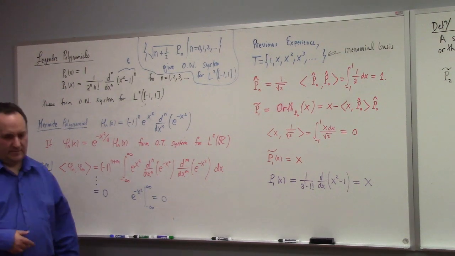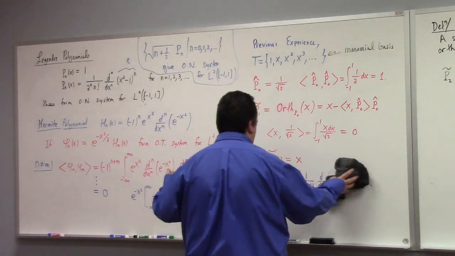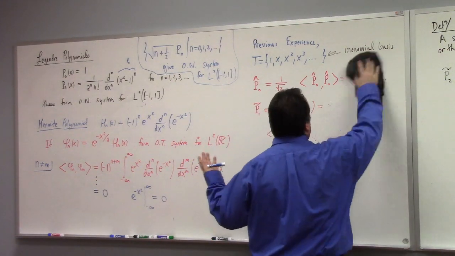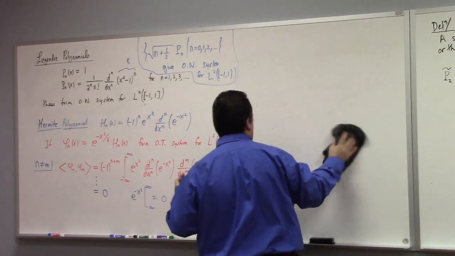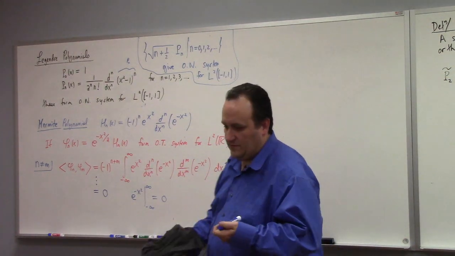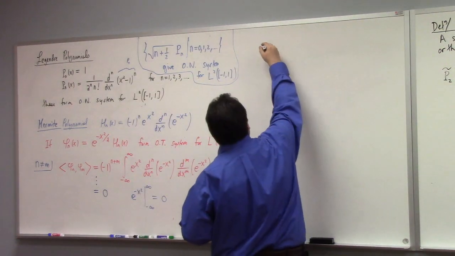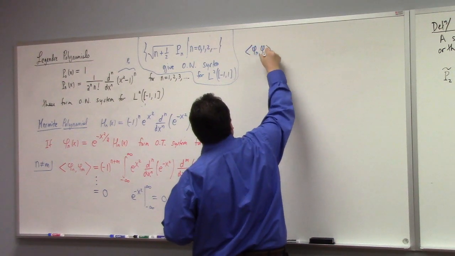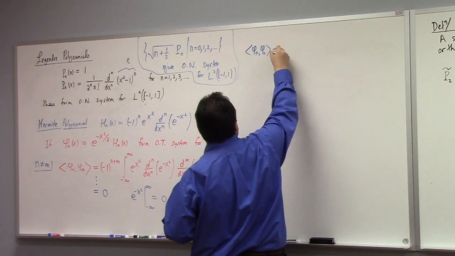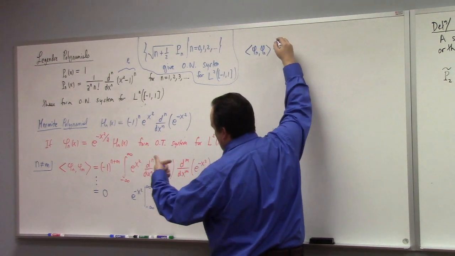So okay, that proves that it's an orthogonal system, and then you've got to normalize it. So how do you normalize this thing? To normalize it, you have to calculate the inner product of phi_n with phi_n, right? So you get (-1)^(2n), which is just 1.